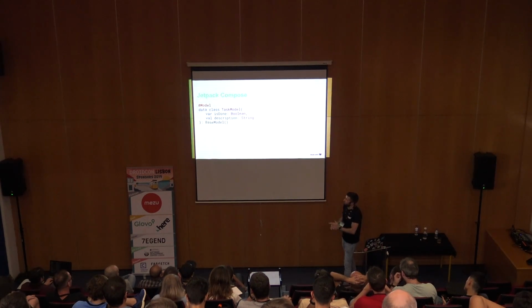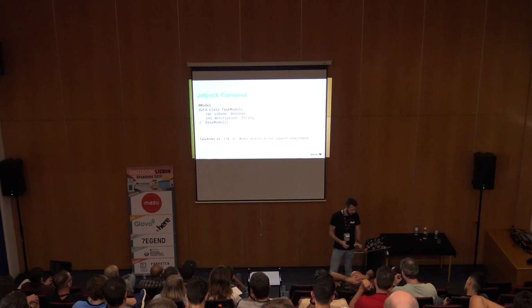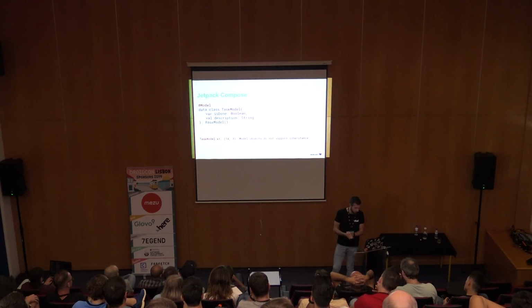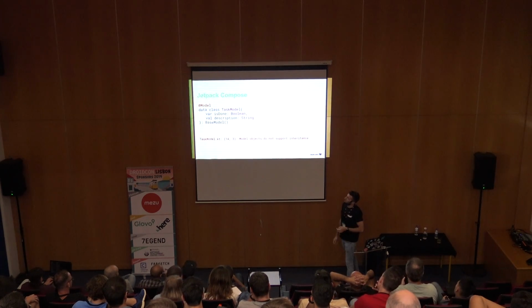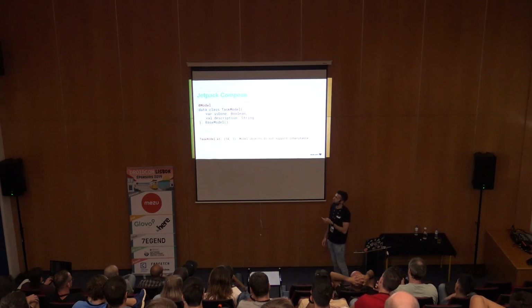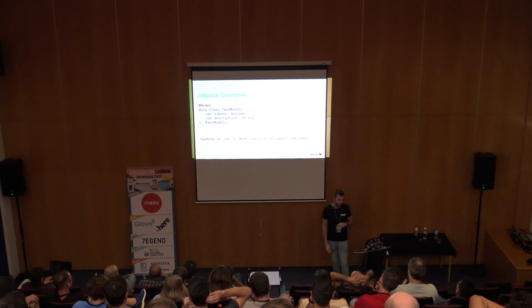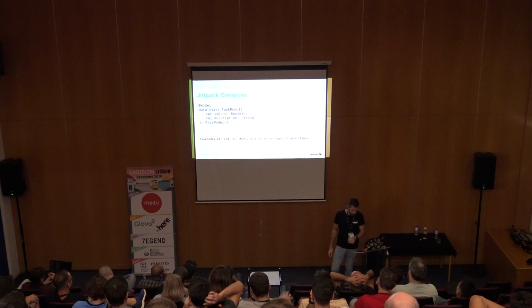Be aware that you can't do something like this for now. You get a compilation error if you try to do so, but we are able to use inheritance with interfaces, but not with classes.